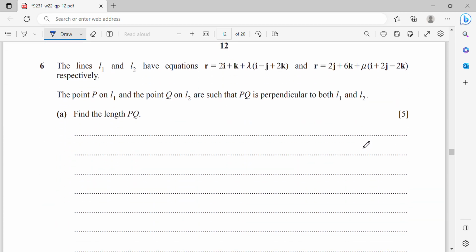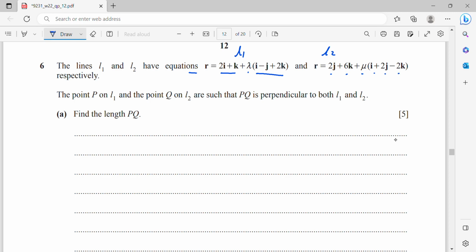Now, question 6, which is a vector question. The lines L1 and L2 have equations: L1 is r equals 2i plus k plus lambda times (i minus j plus 2k). The vector equation of L2 is r equals 2j plus 6k plus mu times (i plus 2j minus 2k).